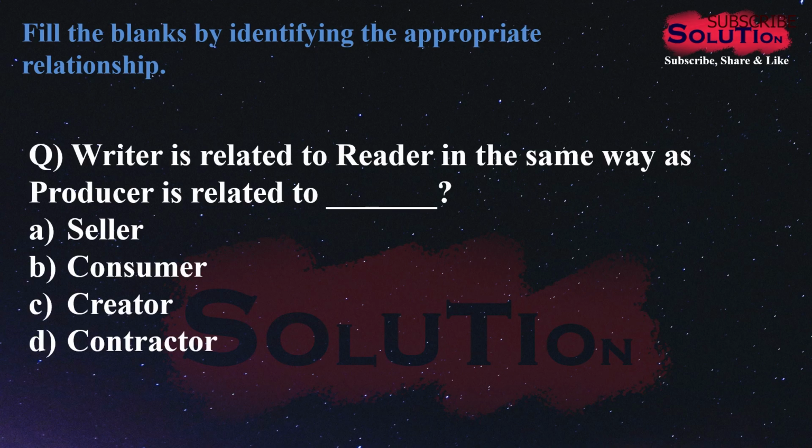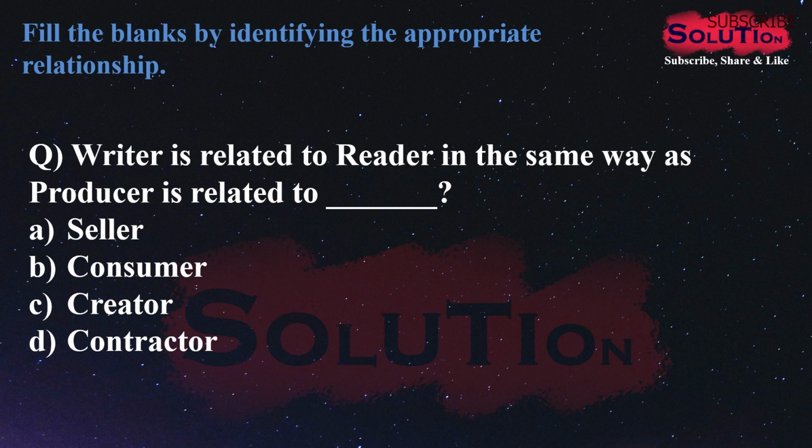If we move to the next question, a writer is related to reader. In the same way, producer is related to. A writer writes and the reader reads what the writer writes.